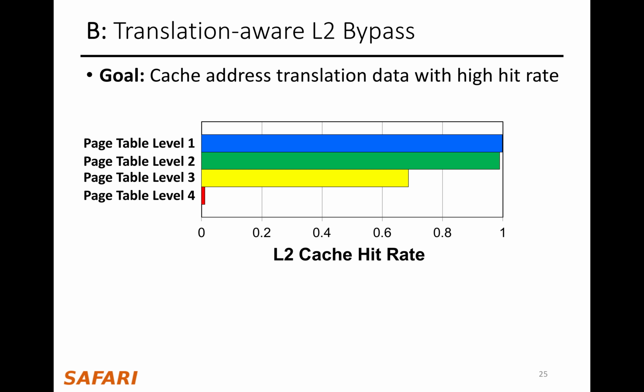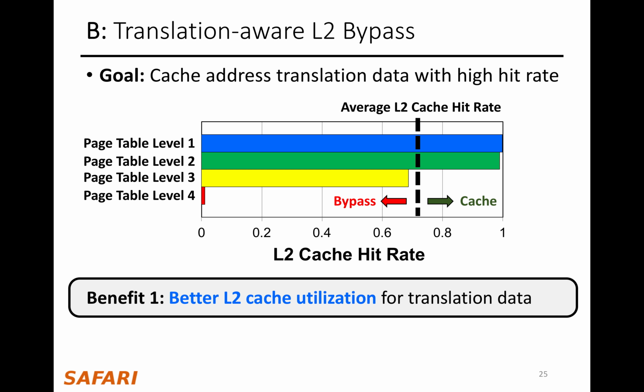In order to do this, the translation-aware L2 bypass looks at the average L2 cache hit rate, and if there is any access that wants to probe the L2 cache and has a hit rate higher than the average L2 cache hit rate, these requests will be cached in the L2 cache. But any request with a hit rate lower than the average L2 cache hit rate will be bypassed and sent directly to the main memory.